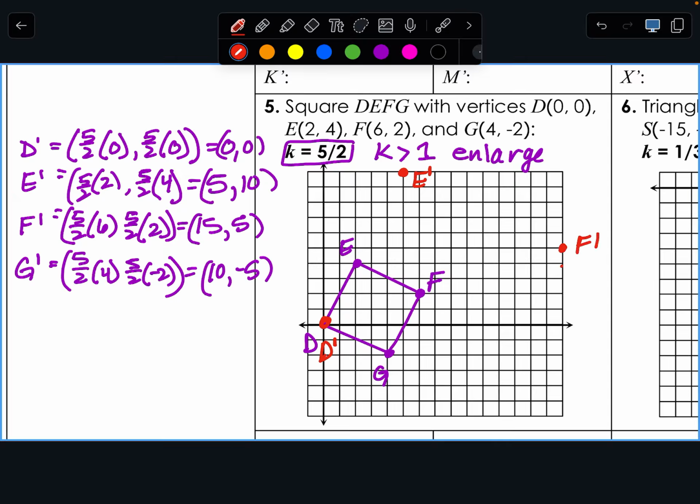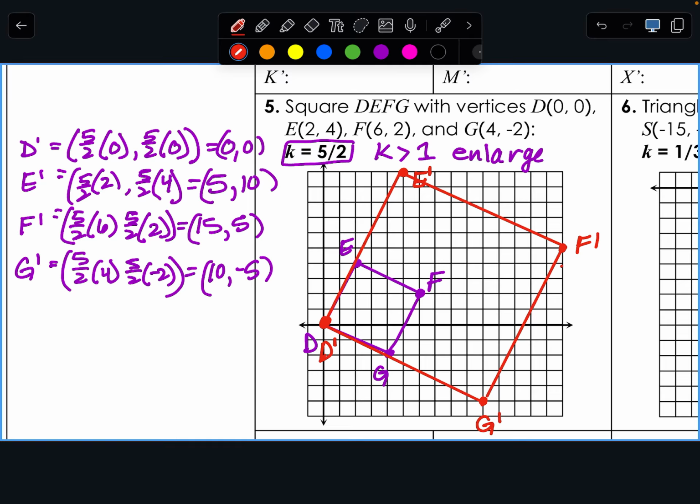And over 10, down 5 is G prime. So that when I connect all my sides, I can see that that's an enlargement of 5 over 2. So 2.5 times is big.